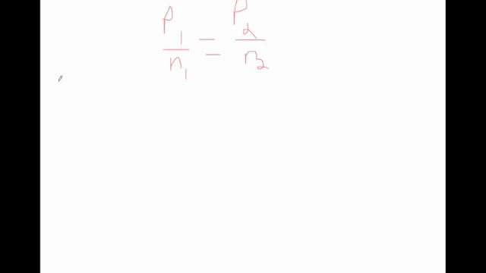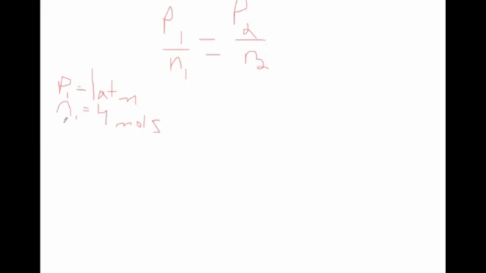Here's an example of this. Let's say pressure 1 was 1 atmosphere. It doesn't matter if you had 2 atmospheres, the relationship's still going to be the same. We had moles 1 equaling 4 moles.